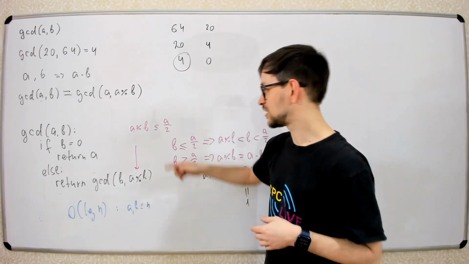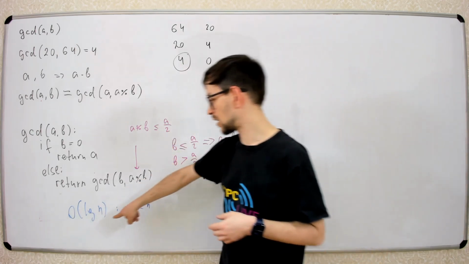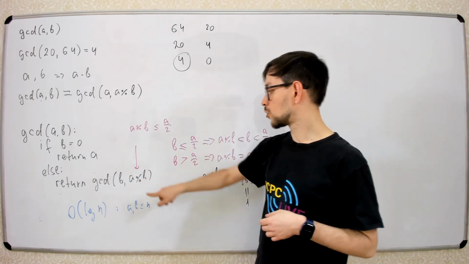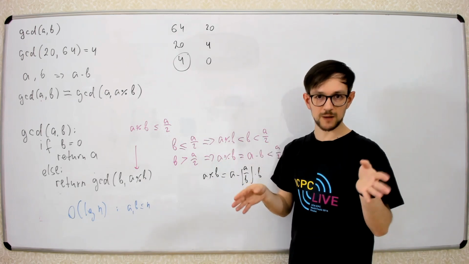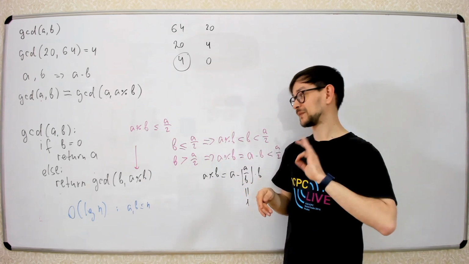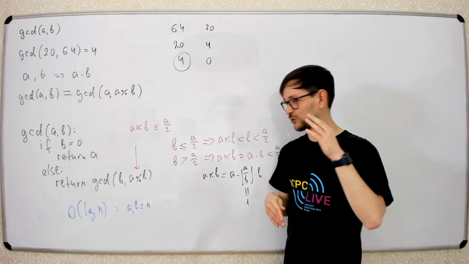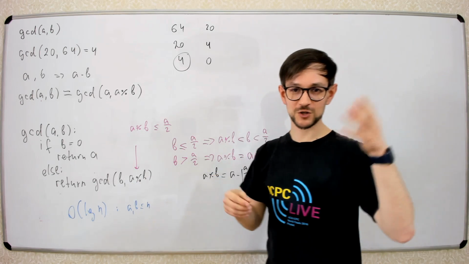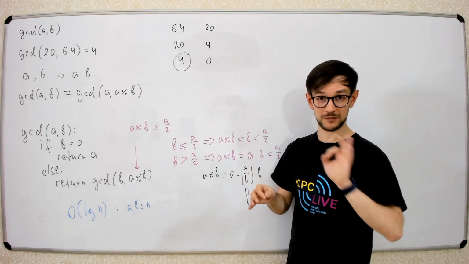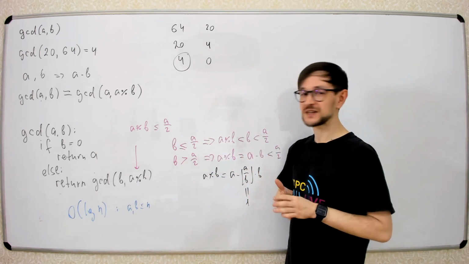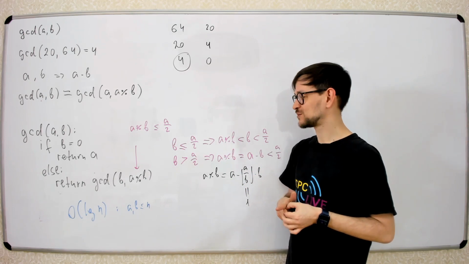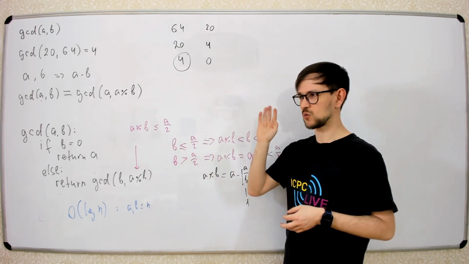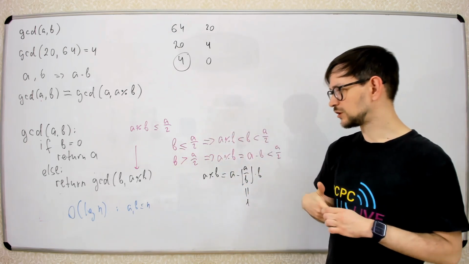So the time complexity of this algorithm is log n multiplied by the time complexity of this modular function. The modular function also has some polynomial time complexity. Good question. We will not talk about this that much, but you can calculate the remainder of division of two big numbers in polynomial time, basically the same way you do it in school. You can just calculate bit by bit in n squared time, so in log n squared time.